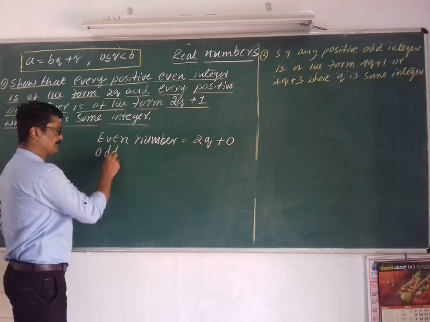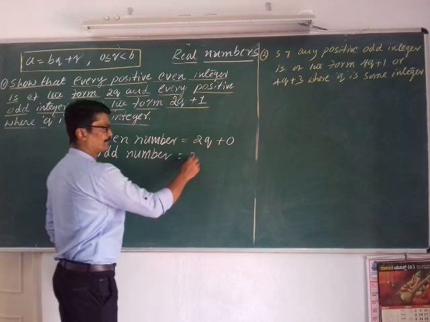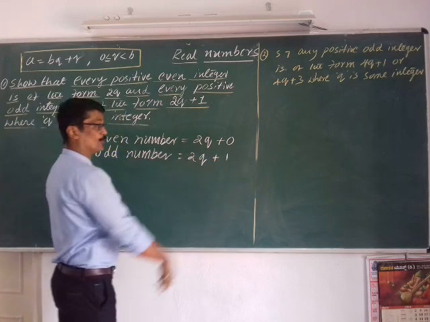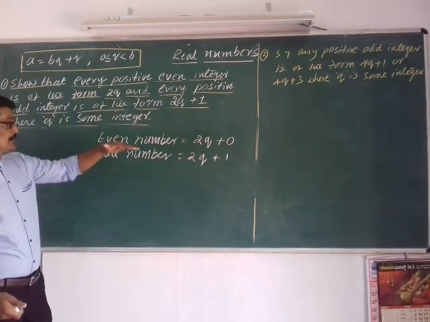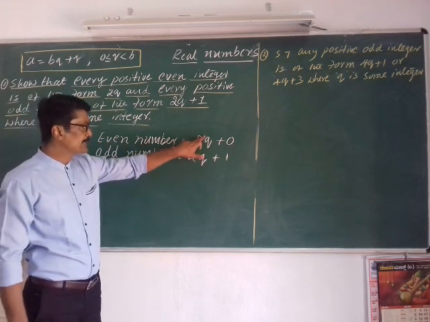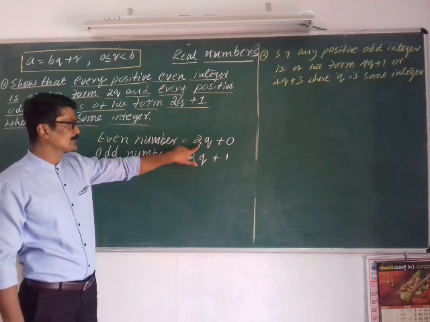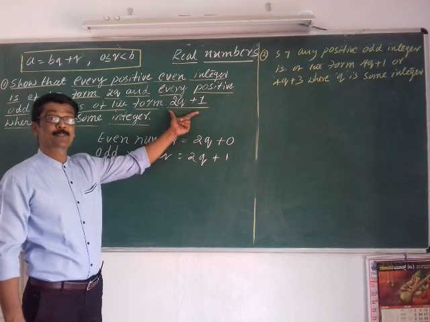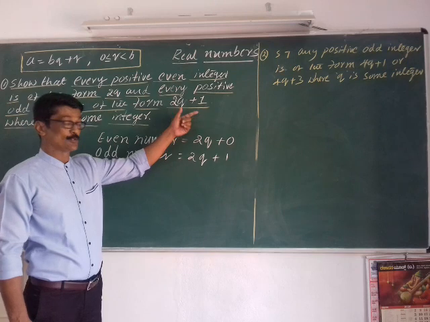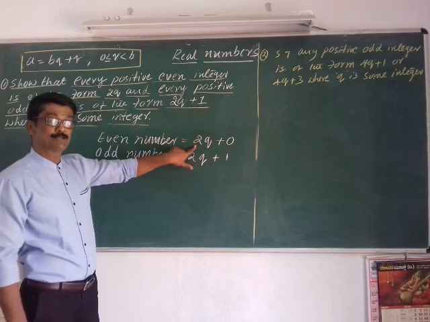An odd integer, an odd number, is of the form 2q plus 1. Take any even number and divide it by 2. So you can make out the divisor as 2 from the question itself. So you have to take an even number and divide it by 2.